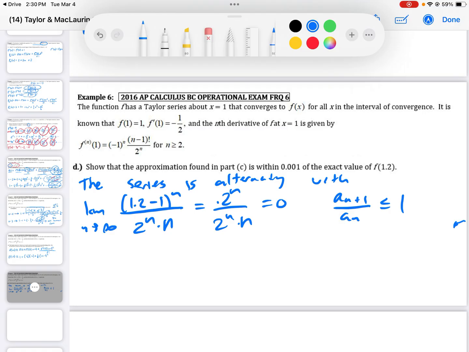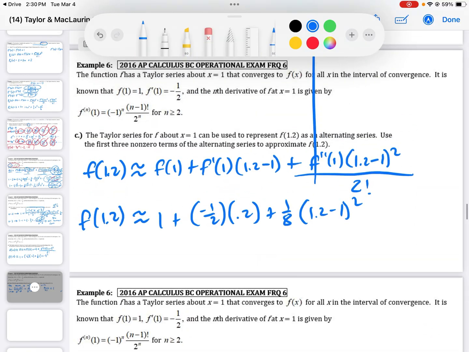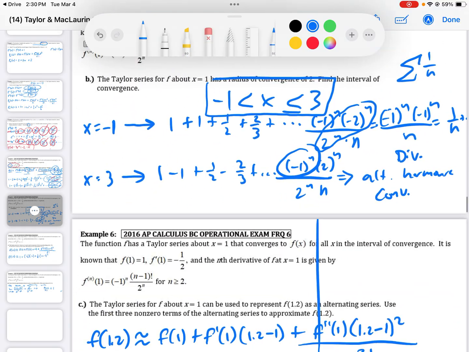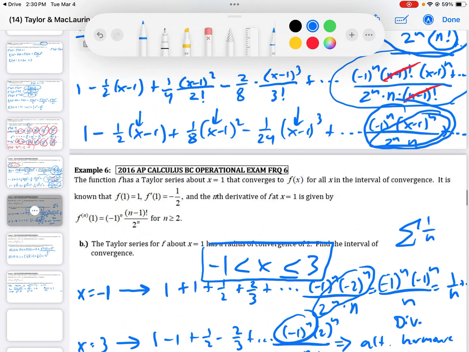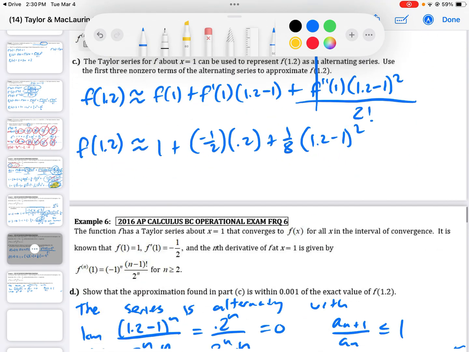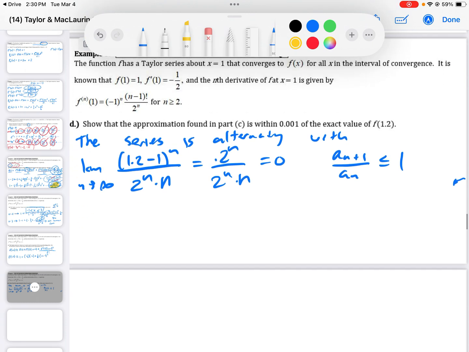So this is going to be less than or equal to 1, so therefore it converges by the alternating series test. So you would just take this part right here. This is getting really sloppy, I'm sorry. Take that part right there, show that the n plus 1 term over the nth term is less than or equal to 1. And once you do that, you say that this thing converges.